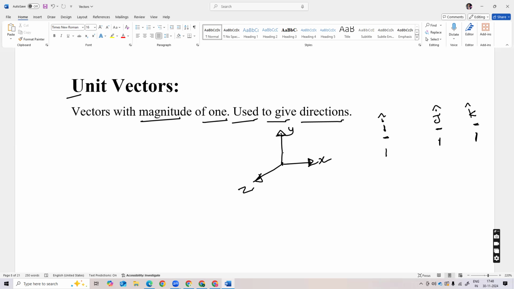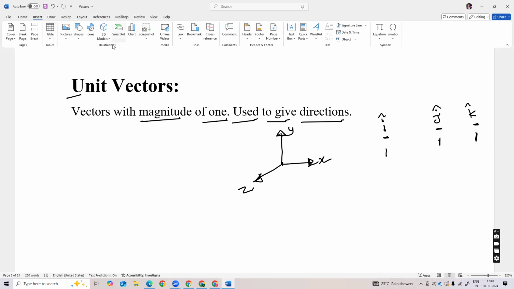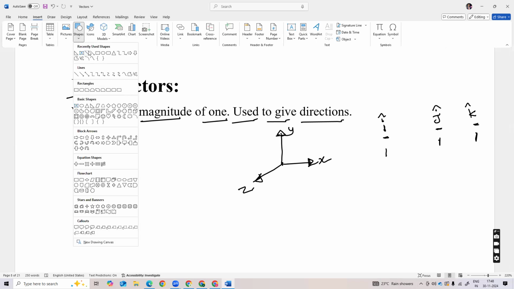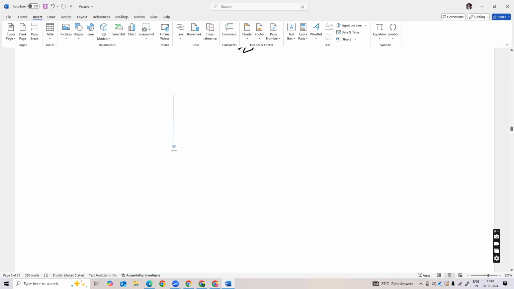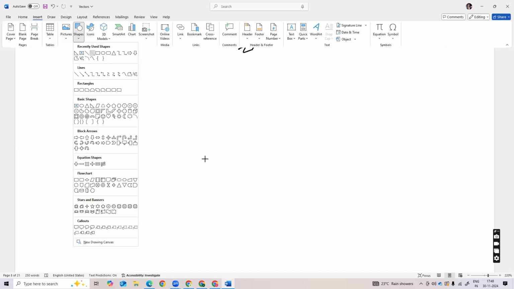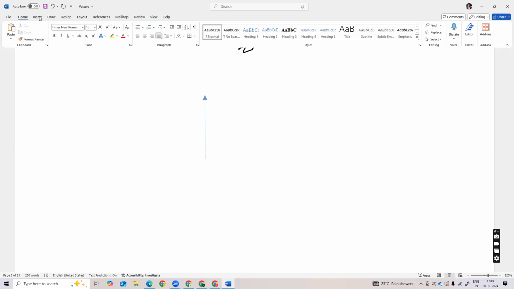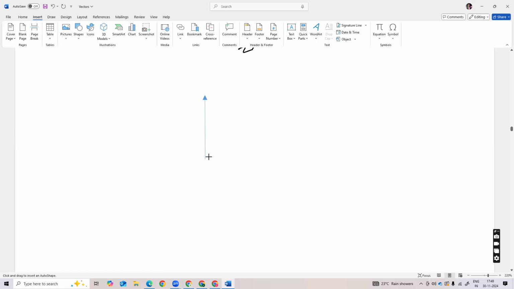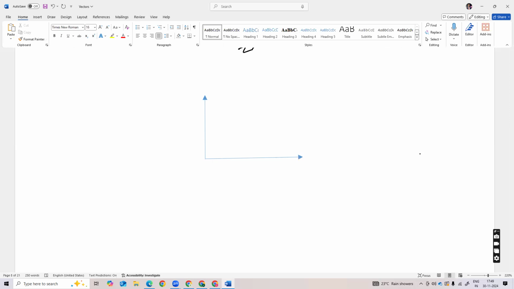So let's say if we have a vector, let's consider a plane. Let's say this is positive x, this is positive y, and we have some vector a.